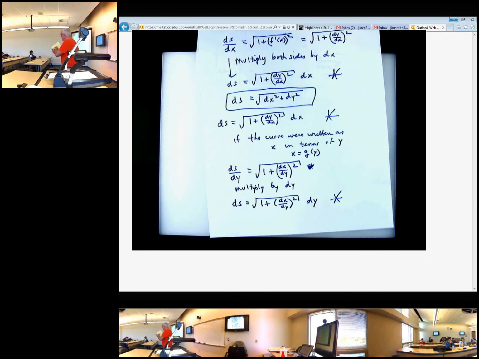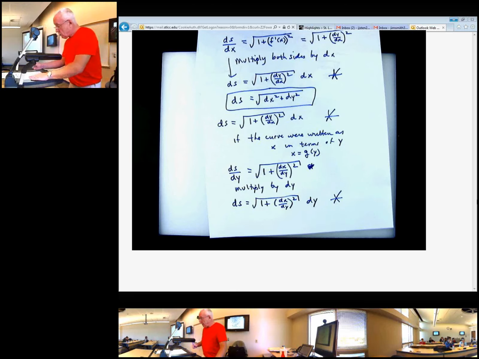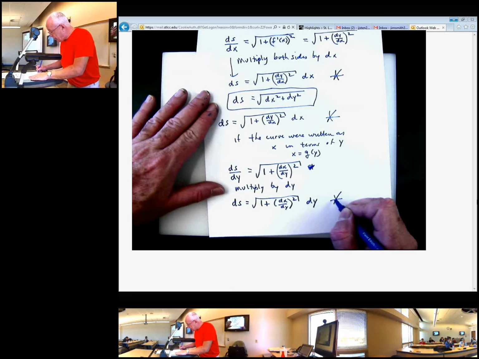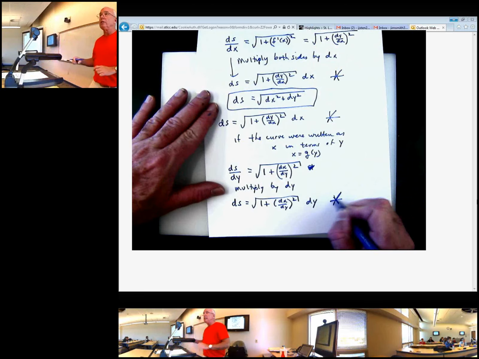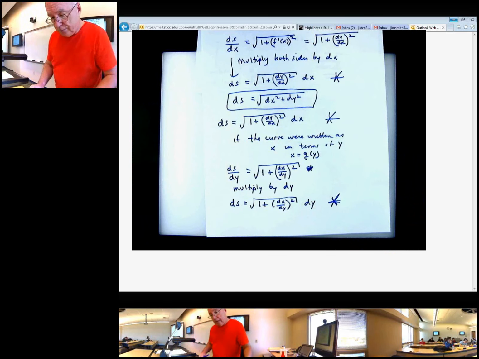It can be written either way, depending on whether our curve is written as y as a function of x or x as a function of y. So I've got both of these formulas written up here for ds, and we'll be using them when we get to the next section, 8.2.